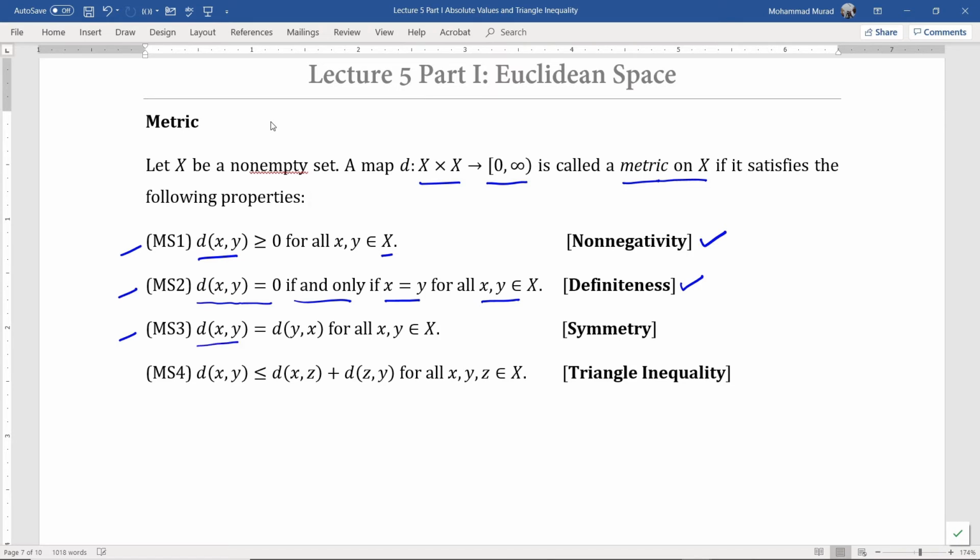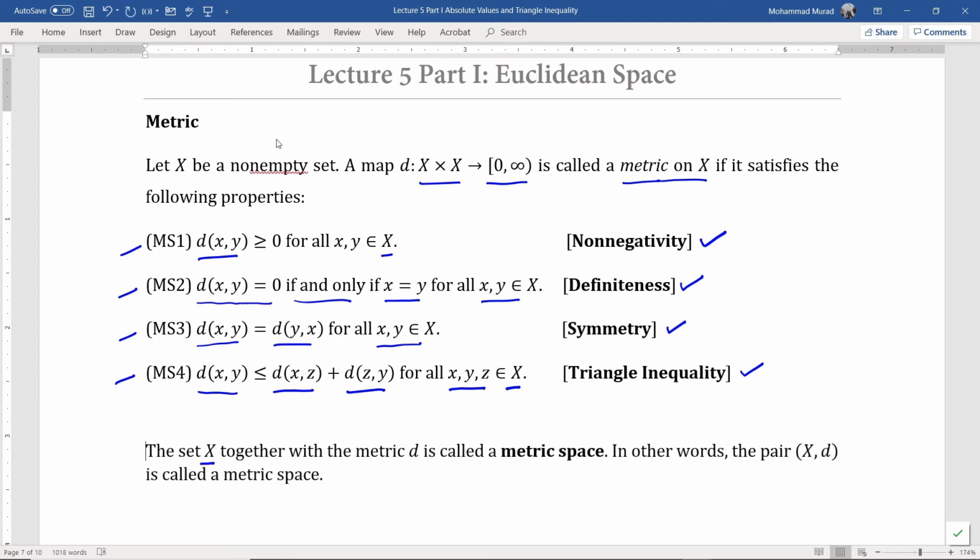D of x comma y equals D of y comma x for all x and y in X. This is known as the symmetry property of the map. The last property, D of x comma y is smaller or equal to D of x comma z plus D of z comma y for all x, y, and z in the set X. This is called the triangle property of the map D.